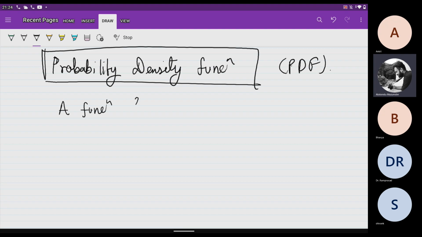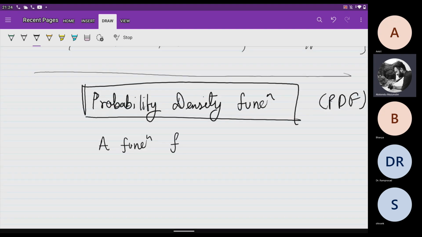Do you guys know what is a random variable?